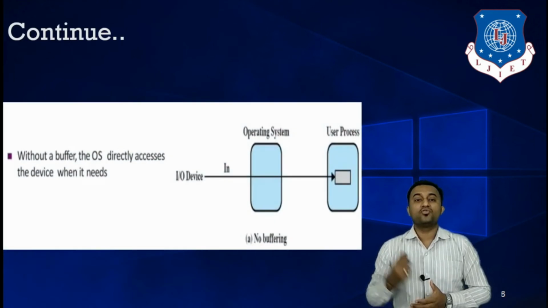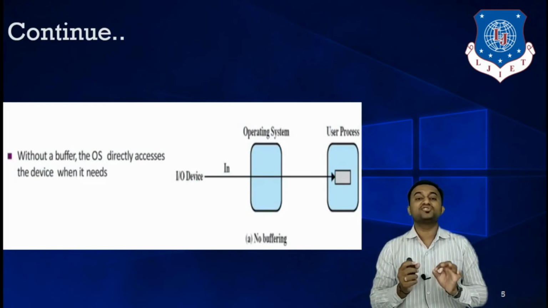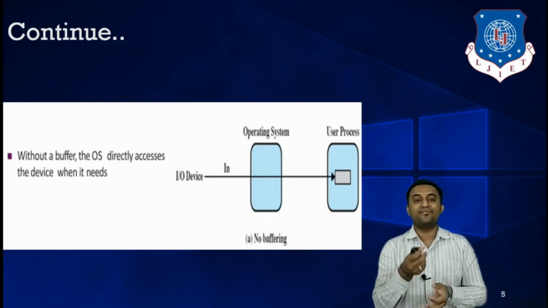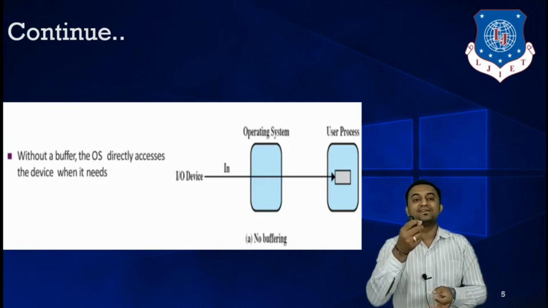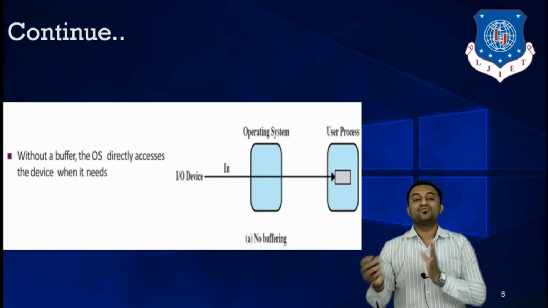In the case of no buffering, as you can see in this figure, the name implies we are using the traditional approach without using any buffer. Whenever the requirement comes, we fetch that data from the IO device and give it to the user process.